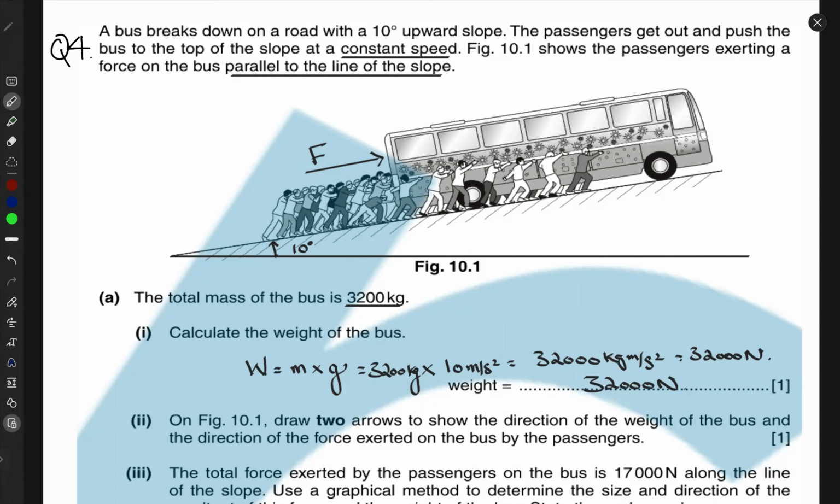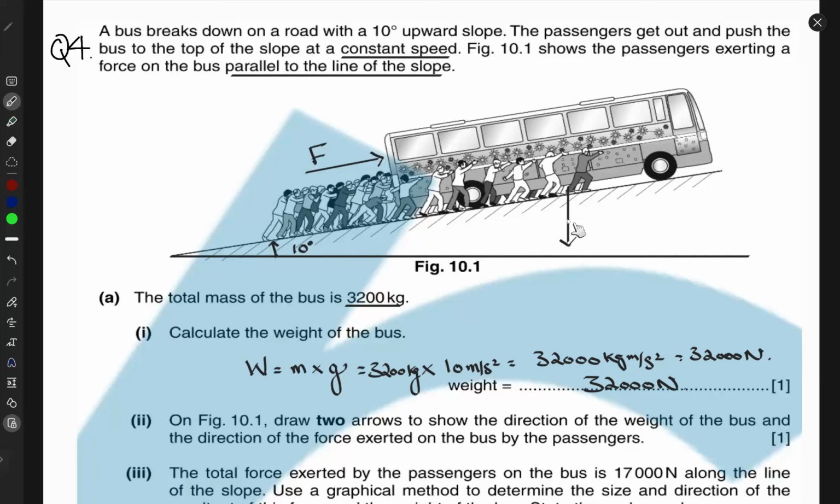Can you explain it again from the start? Right. We are given the mass of the bus and they're asking what the weight of this bus would be. You can consider this bus to be a point mass, and the weight is just a vector that points directly downwards from any object.